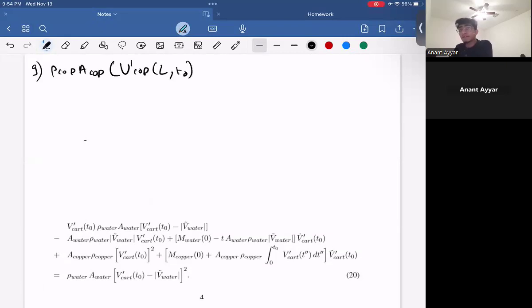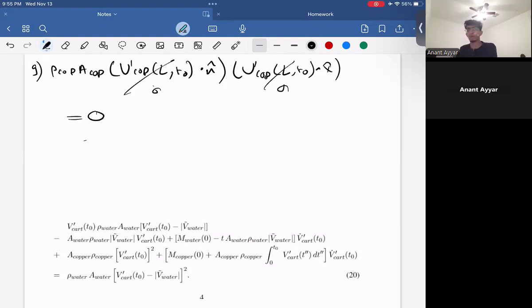So we take the velocity of the copper at L, at the right side of the domain, and then we take the velocity of the copper at L times the x, or in this case, the negative x, or no, this is still the x, sorry. The normal will come from the negative x. But we don't even need to think about that because we know that at the end of the domain, this is going to be 0, this is going to be 0, which just makes this entire thing 0. So we don't have to worry about that.